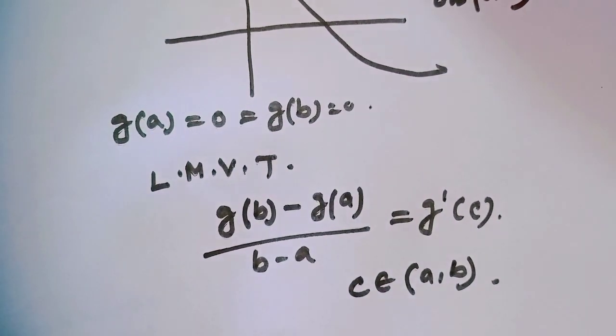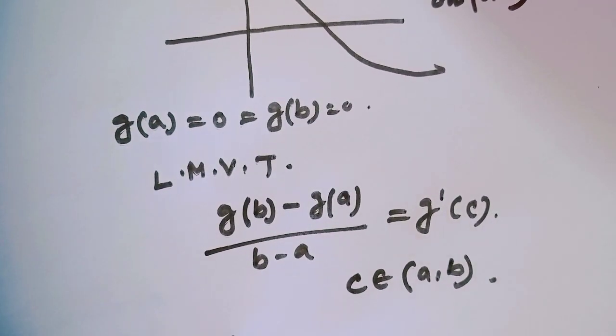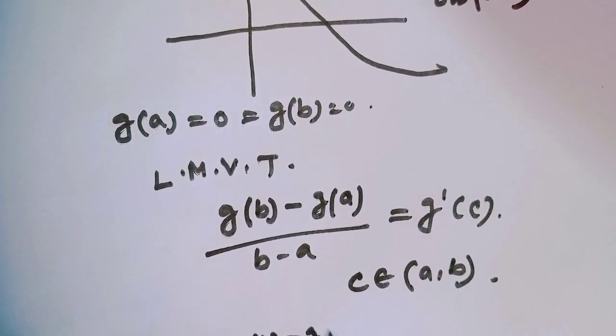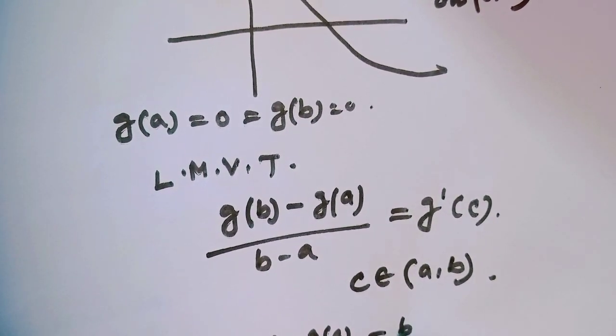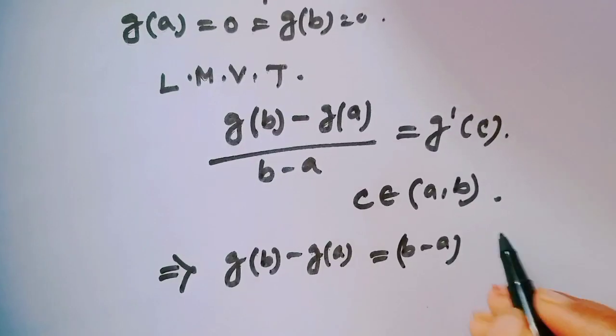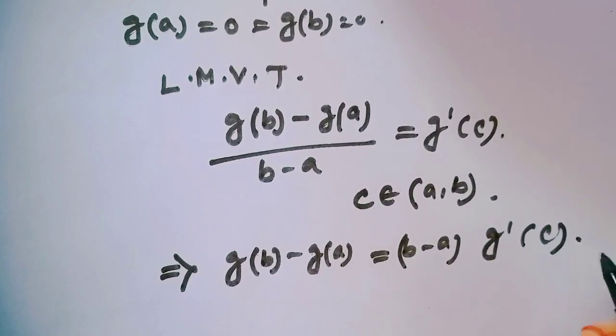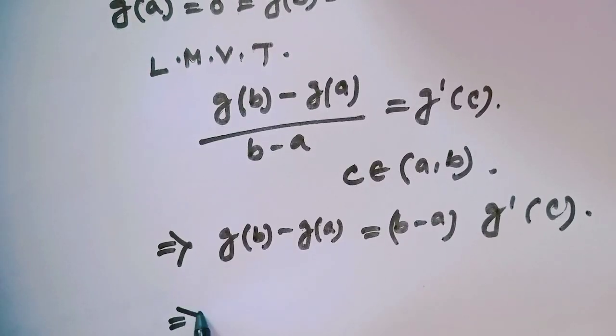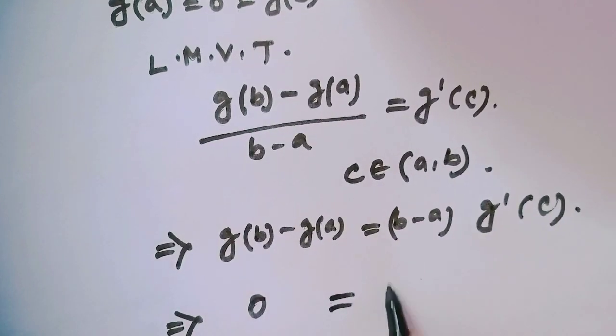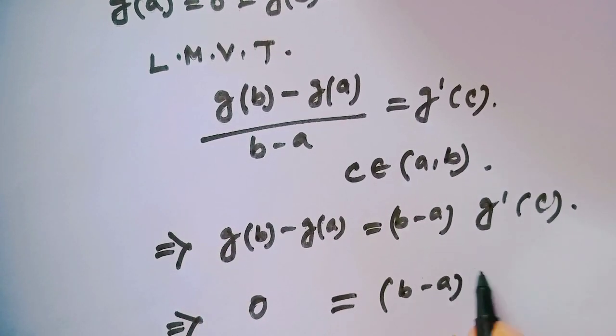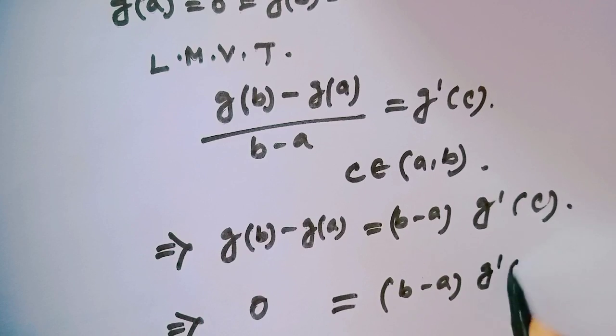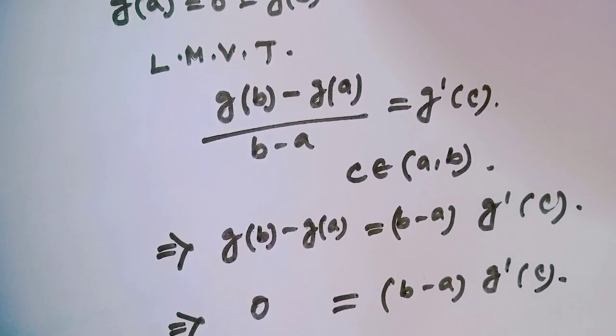This implies g of b minus g of a equal to (b minus a) times g prime of c, and since the left value is equal to 0, this is equal to (b minus a) times g prime of c.